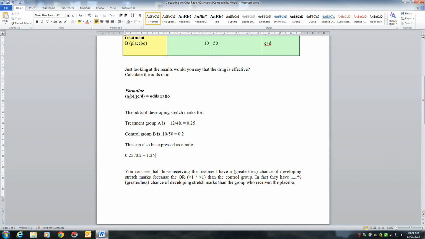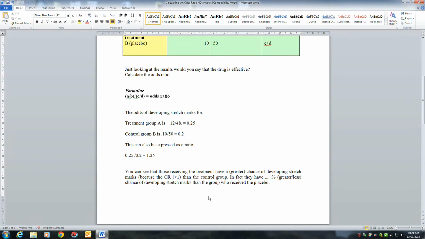So what that means is, because that number's greater than 1, we know that those receiving the treatment have a greater chance of developing the outcome, which is stretch marks, and that's because the odds ratio is greater than 1.